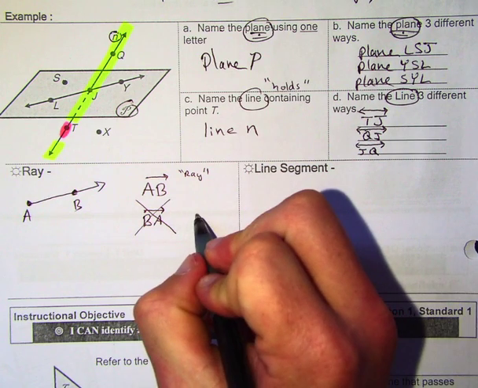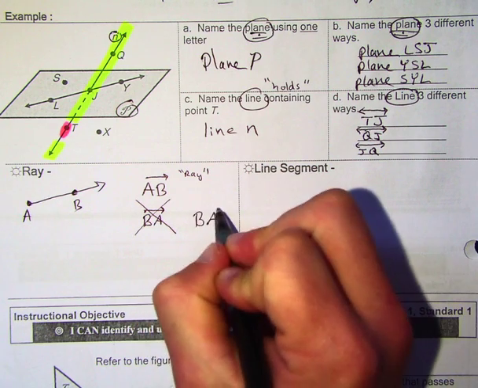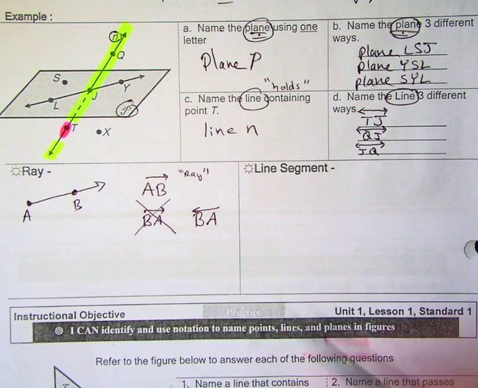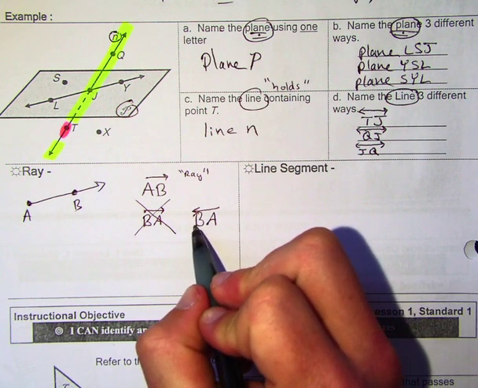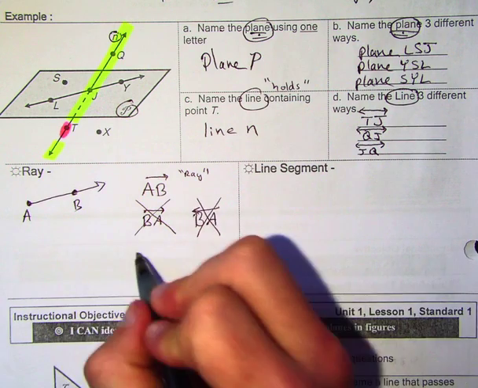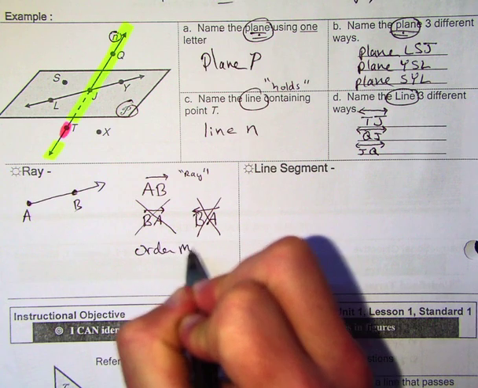And you might say, well, can I rewrite it as long as I start it over here at A and move it over B? And we generally don't do that because we like to read it from left to right. So let's not do that either. So the important thing here is that order matters.